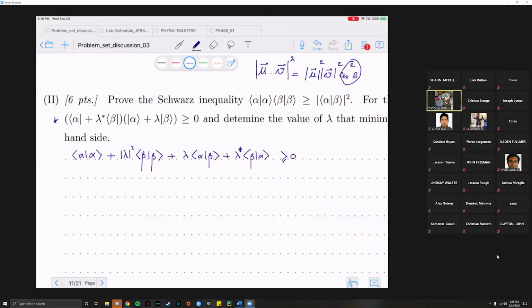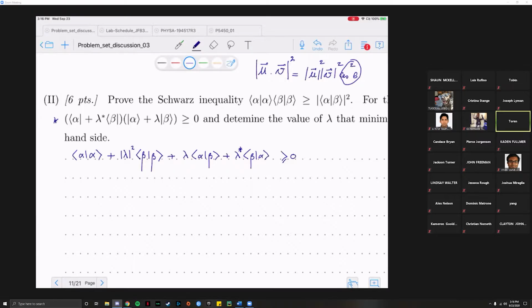Okay, so then we need to figure out what is the value of lambda that, since that's the suggestion, makes the left hand side as small as possible. So I mean, differentiating with respect to the first 3 terms seems a bit reasonable.